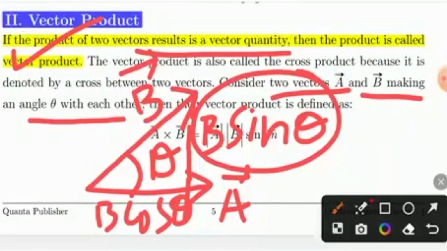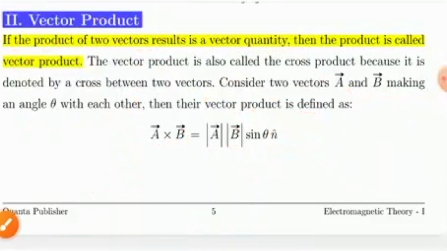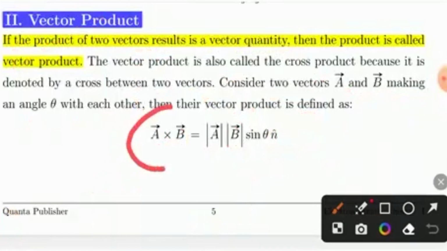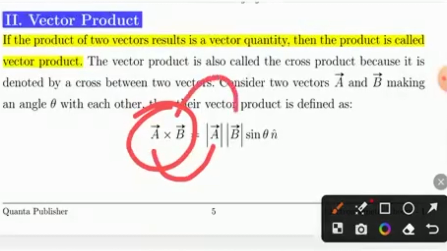In the mathematical equation you see over here, when there is a cross sign between the two vector quantities A and B on the left hand side, it is equal to the magnitude of vector A, then the magnitude of vector B, and now we use the trigonometric ratio sine theta, which plays an important role in the vector product.